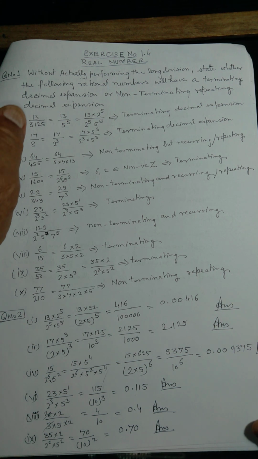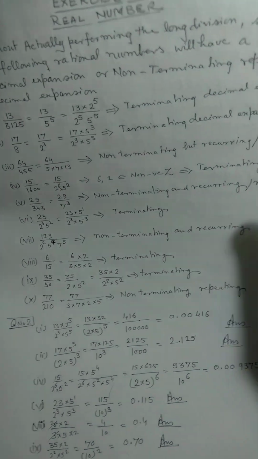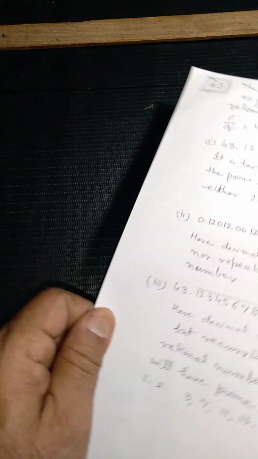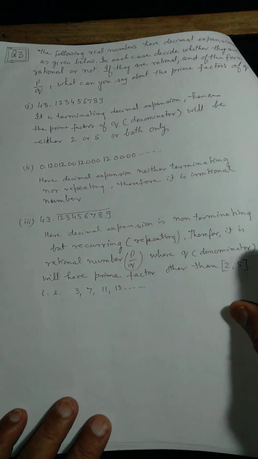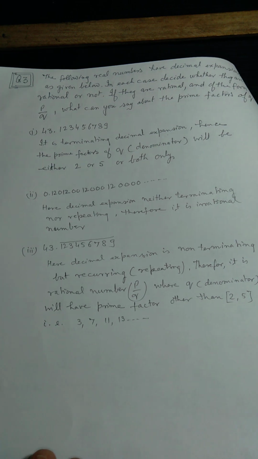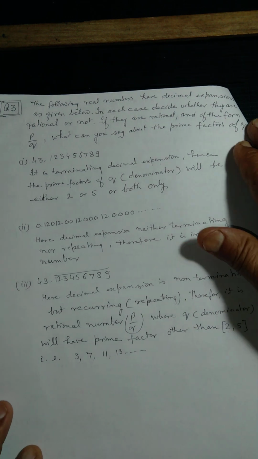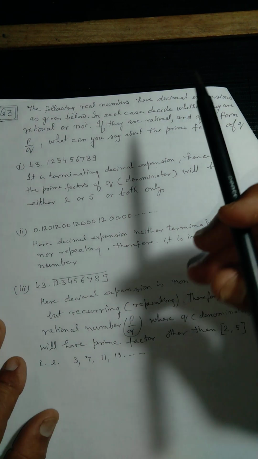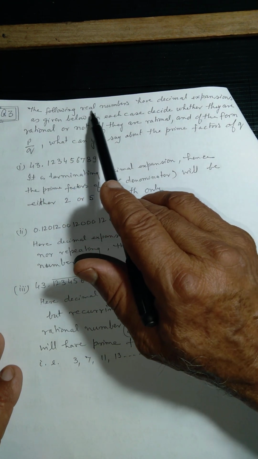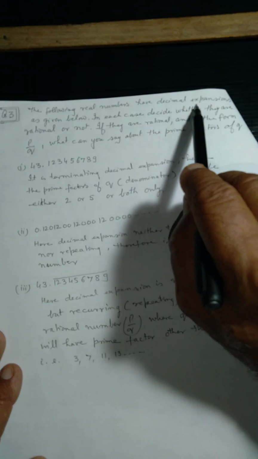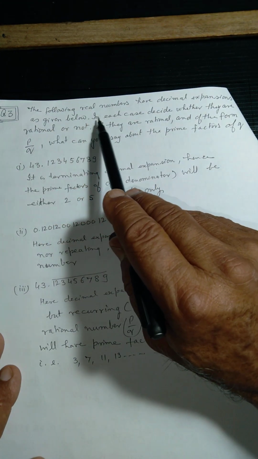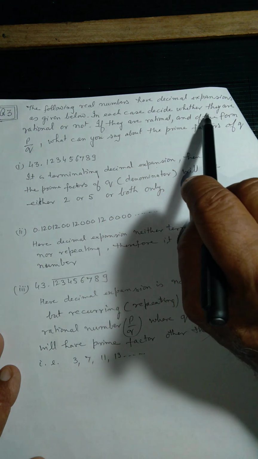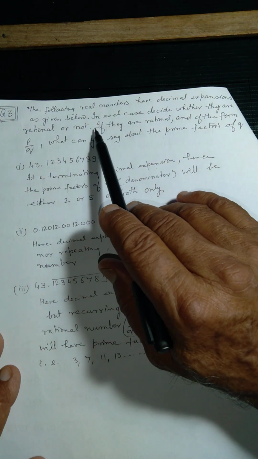Now question number 3. You see the question number 3, the following real numbers have decimal expansion as given below. In each case, decide whether they are rational or not.